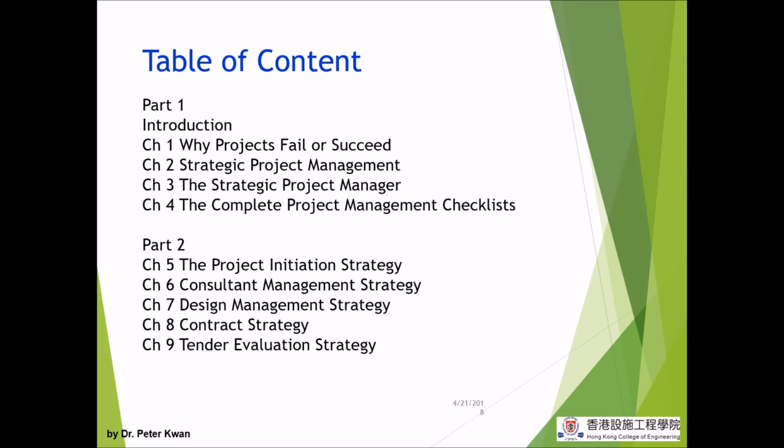Part 2 will consist of 5 chapters. Chapter 5 is the project initiation strategy, how to start a project. When you have a concept, when you want to do a project, what do we do? And chapter 6 is about managing the consultant with strategy, because most of the time we do not do our own project ourselves.